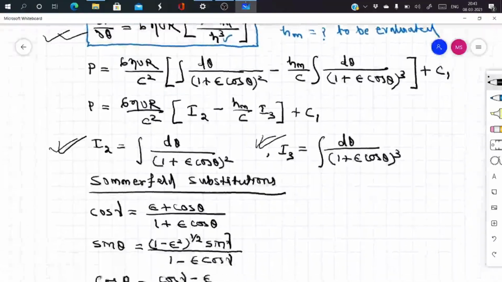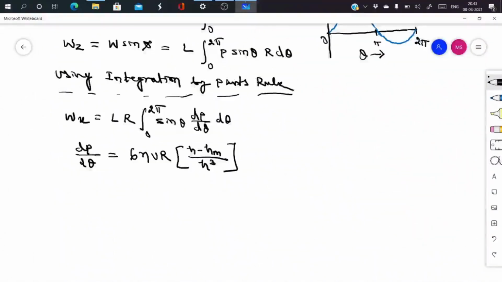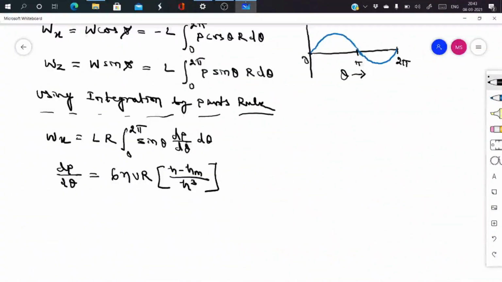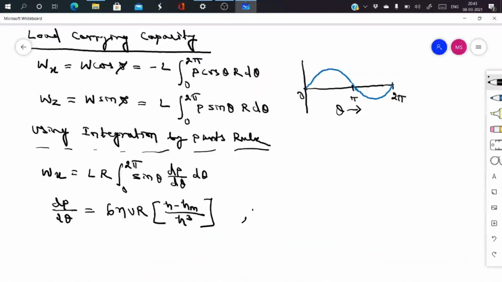But there we did not know the value of hm, and now we know the value of hm. So you substitute the value of hm here, where hm equal to 2c (1 minus epsilon square) divided by (2 plus epsilon square).